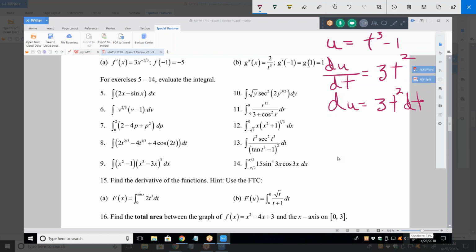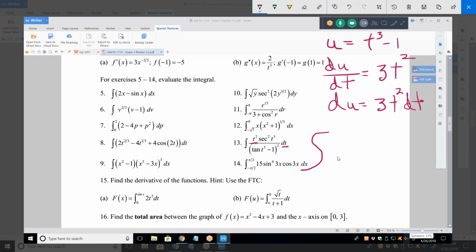Well, here's a t squared, there's a dt. So I can immediately substitute du for that. So let's see where that takes us. I'm not sure that's going to help that much, to be honest. I think I've maybe got to do something with this -1 first, but nonetheless, let's have a look.